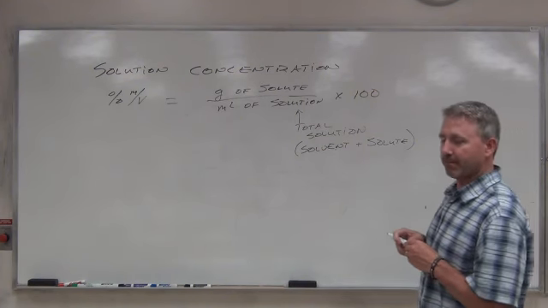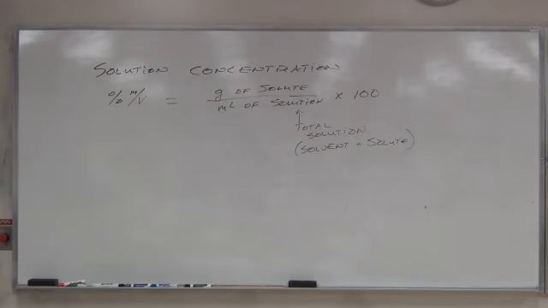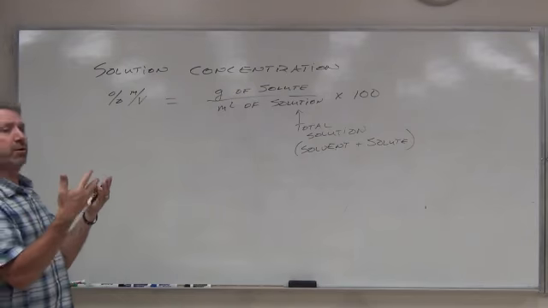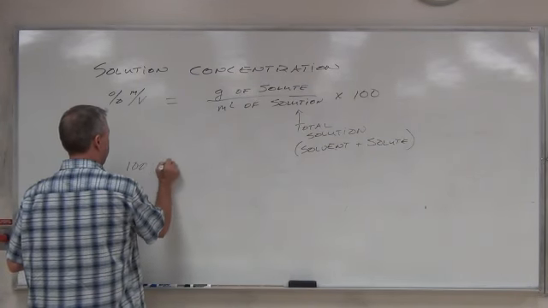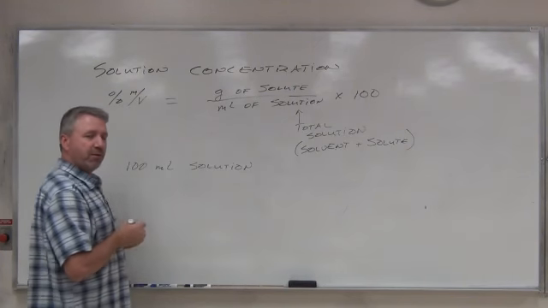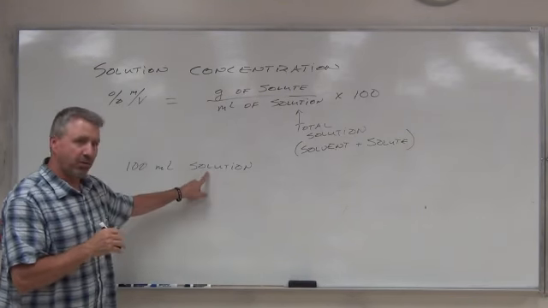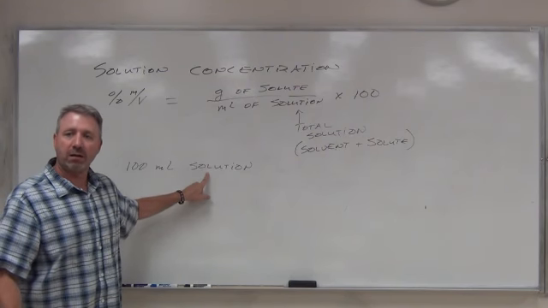Okay? When you put solute into water, for example, and let's say that you had 100 mils of solution. If you have 100 mils of solution, you do not have 100 mils of water. So, do you understand that?